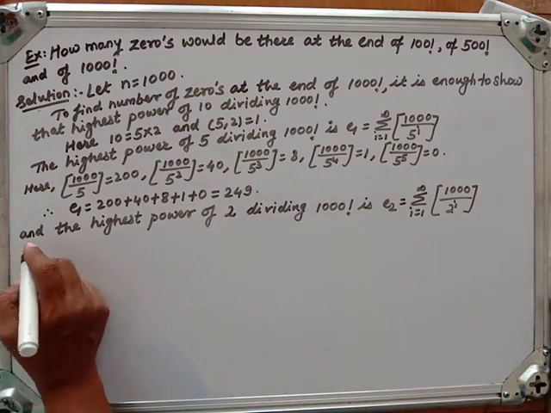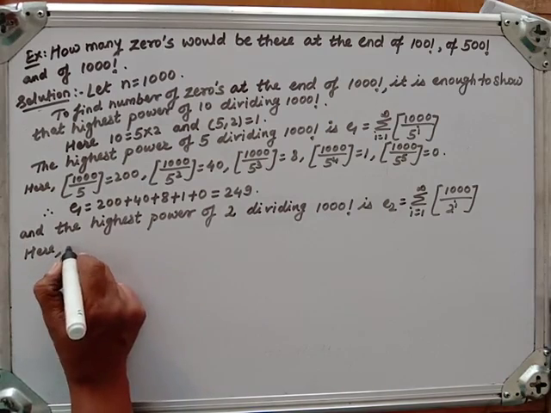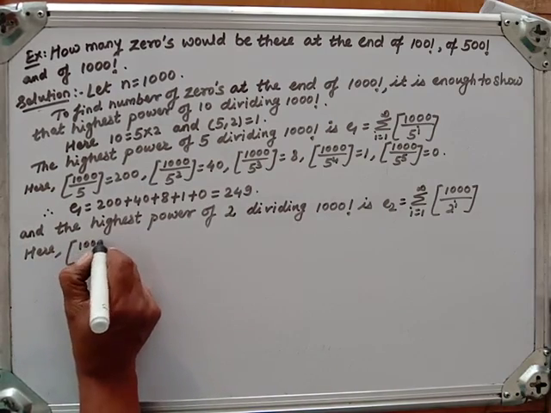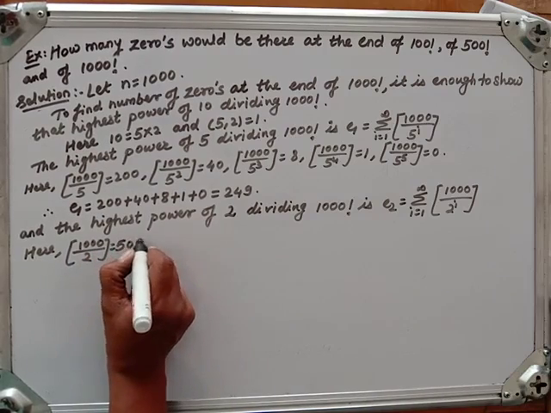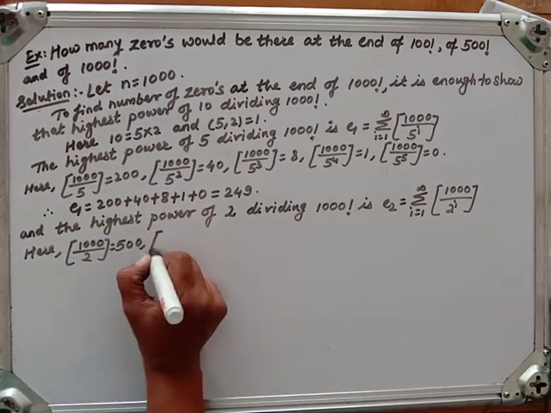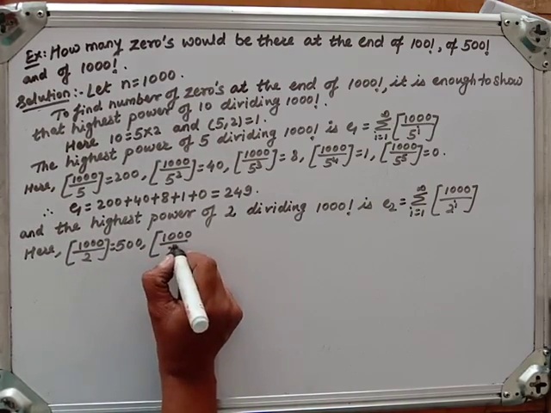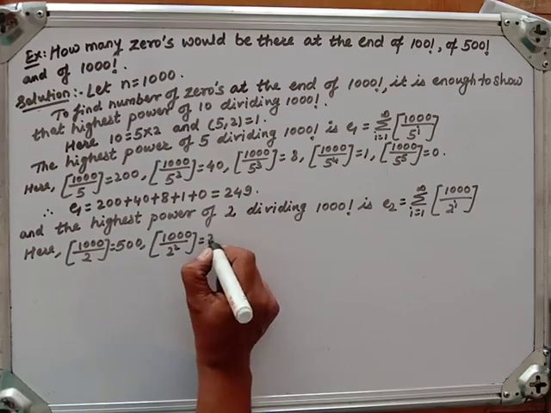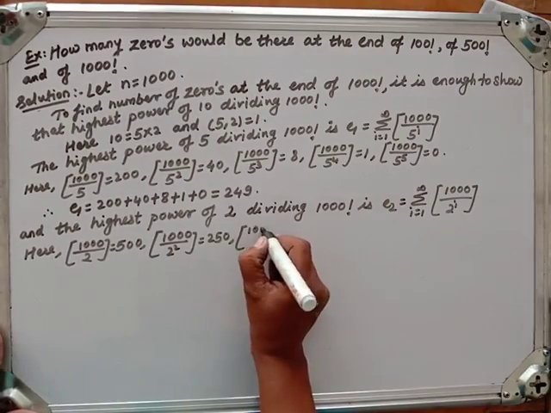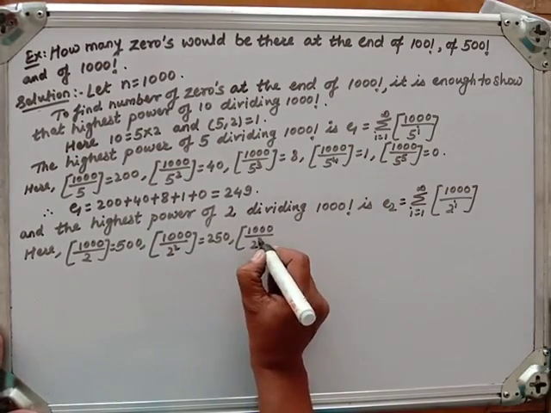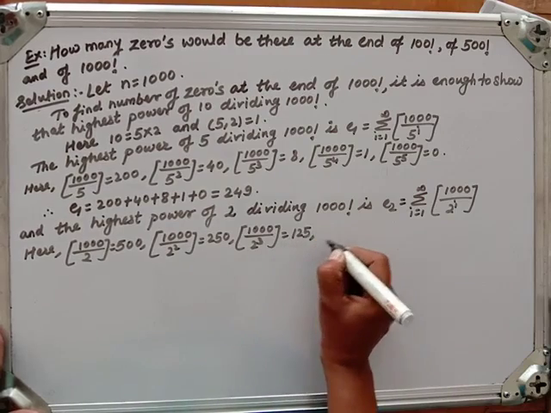So here 1000 upon 2, so it will be 500. 1000 upon 2 square, so it will be 250. 1000 upon 2 cube, so it will be 125.